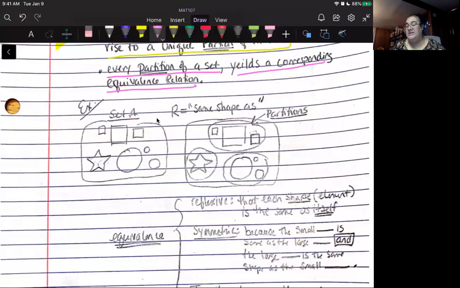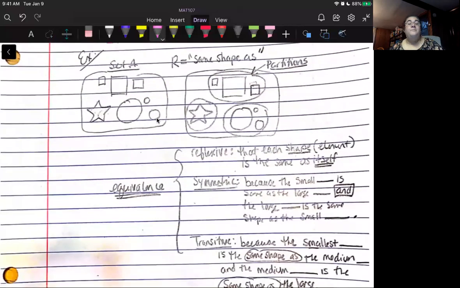And here's an example that they give you in the book that I have for the notes. If, for example, set A was these shapes, and we wanted to create the relation "same shape as", we would take the Cartesian product of set A with itself, and then pair them up. We'd have all those pairs, but using the relation "is the same shape as", we'd end up with these partitions that you have here.